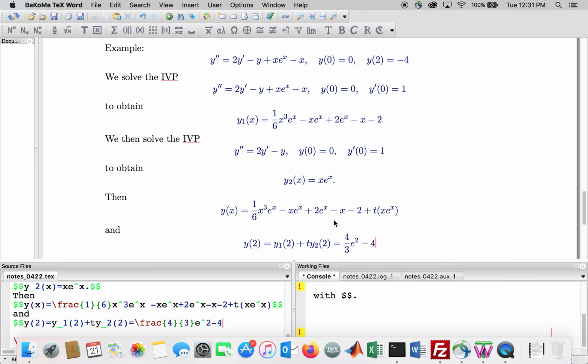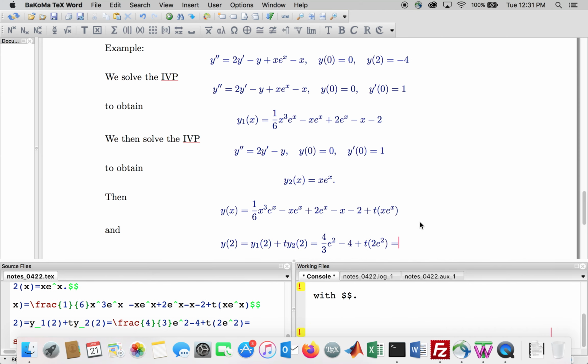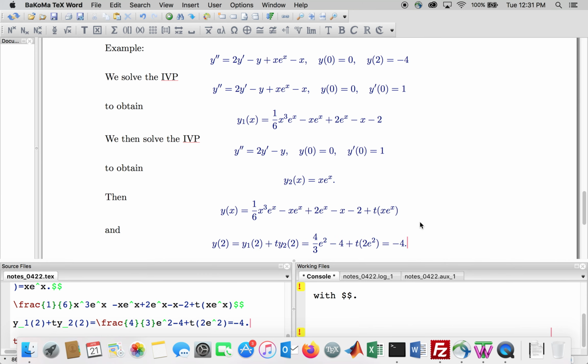These two terms cancel out, and I get minus 2 and minus 2. And then I plug in x equal 2 over here also, and I get 2e squared, but all that's multiplied by t. And that has to be equal to minus 4.